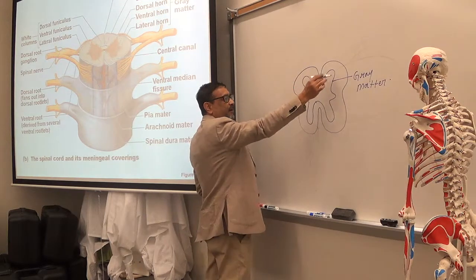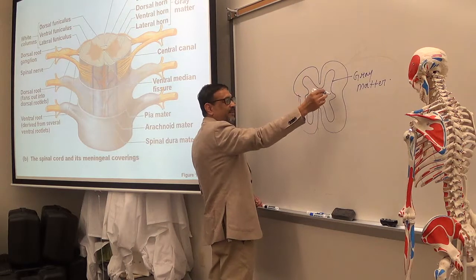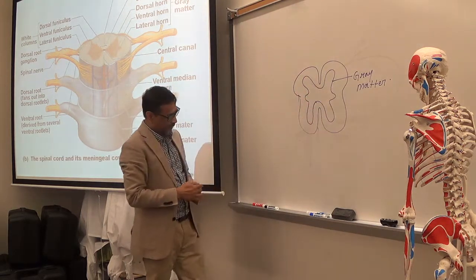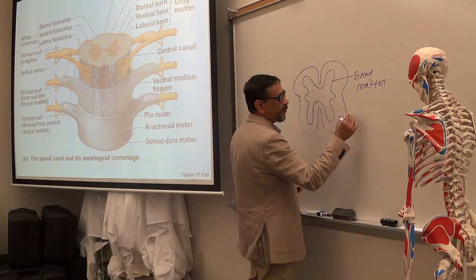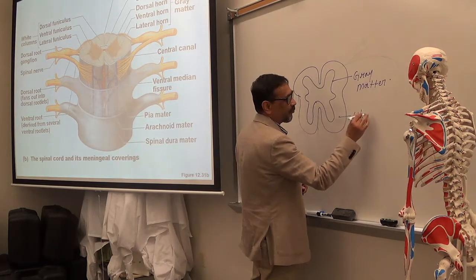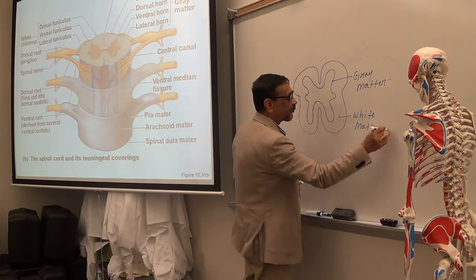So, the inner part of the spinal cord is the gray matter, which looks like a butterfly. And the outer part is called the white matter. White matter. Okay.